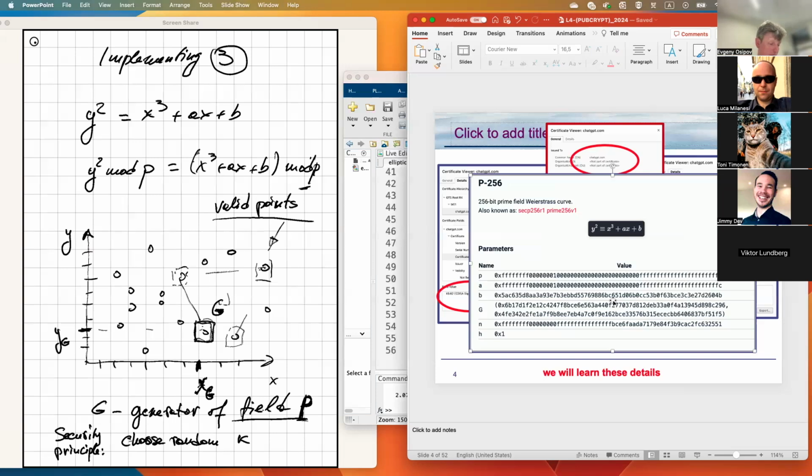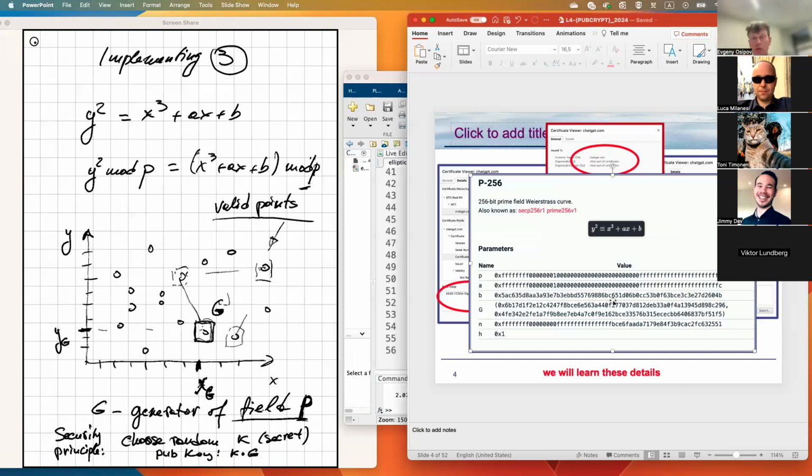This will be your private part. For the public part, the public key, something that you will expose to all the rest, the key will be K times G.